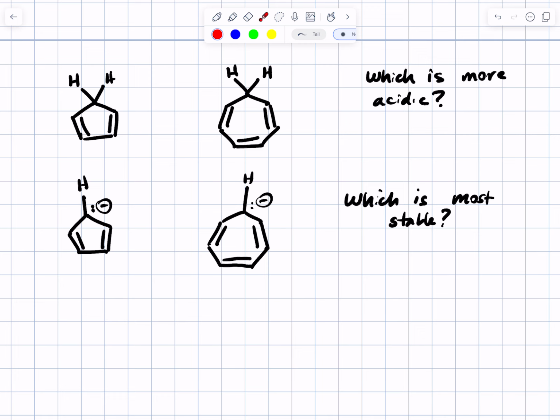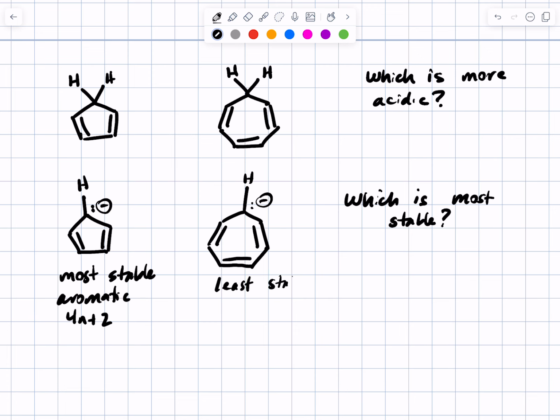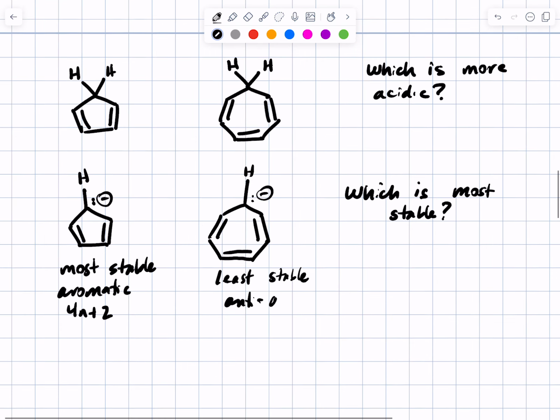One on the left. Okay, that's right. How do you know that? It's aromatic because it keeps the 4n plus 2 rule, right? Whereas this one is least stable because it is anti-aromatic, which is why it looks sad, actually.